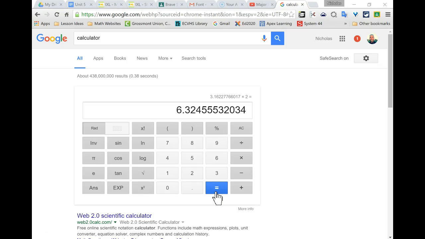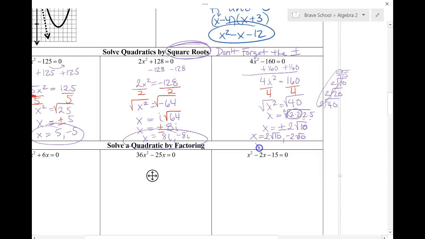Actually, no, it's not. It's 6, because the 5 will change the 4 to a 5, and then that 5 will change the 2 to a 3. So it's 6.33. So you would write your answer as x equals 6.33 and negative 6.33. So that could be two possible answers depending on what I ask for. Alright? So go ahead and do the problems to the right.